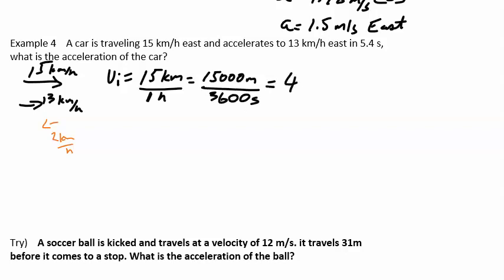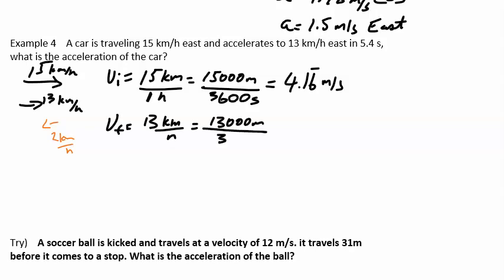And as you calculate that out, you get 4.16 repeating meters per second. We can do the same with the final velocity, which is 13,000 meters over 3,600 seconds, and gets you a value of 3.61 repeating meters per second.